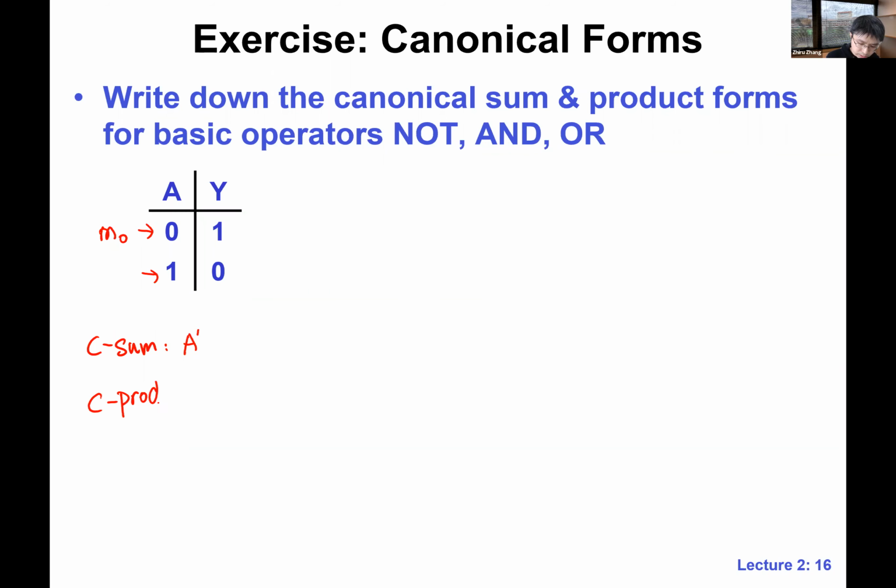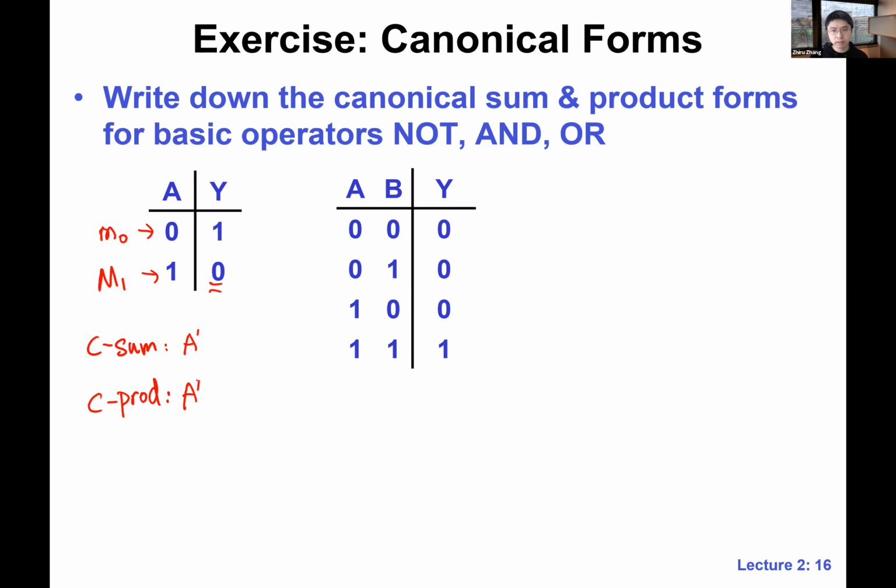For the canonical product, this is the offset, where A is 1. Remember, for the max term, when A is 1, we also use a negative literal. Makes sense, right? So this is trivial. How about this one?